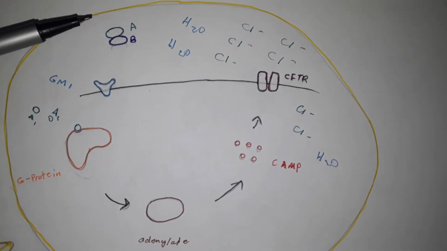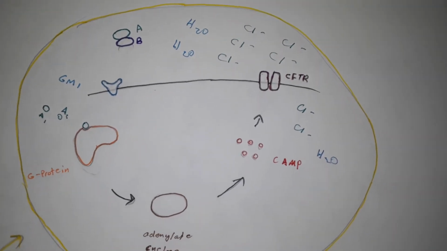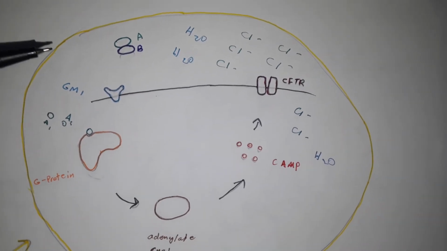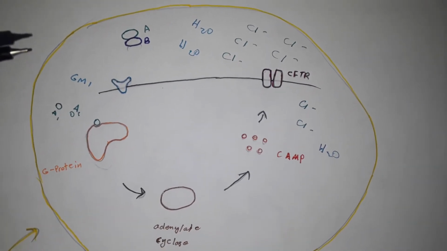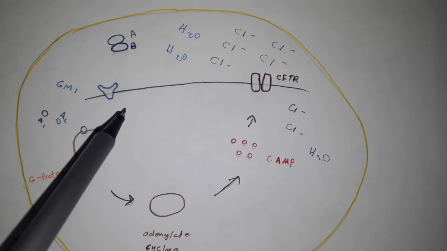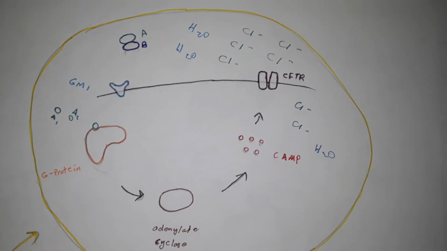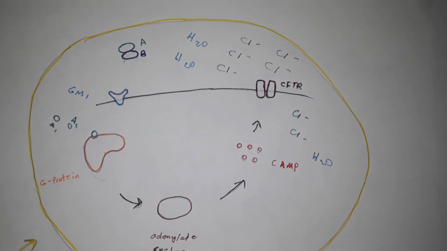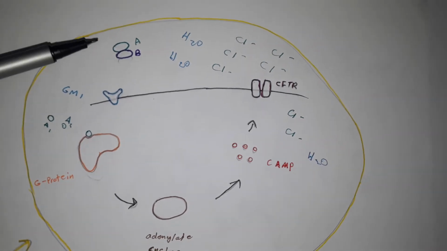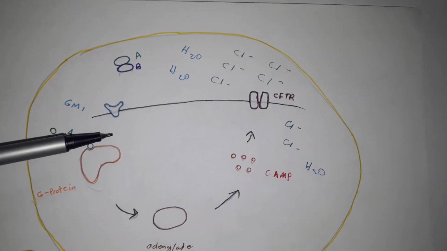That is why it's called an AB toxin. When this toxin is released in the intestine, it binds to GM1, which is a ganglioside receptor that is on the surface of the epithelial cells in the intestine. Okay, so the AB toxin binds to it and goes inside the cell.